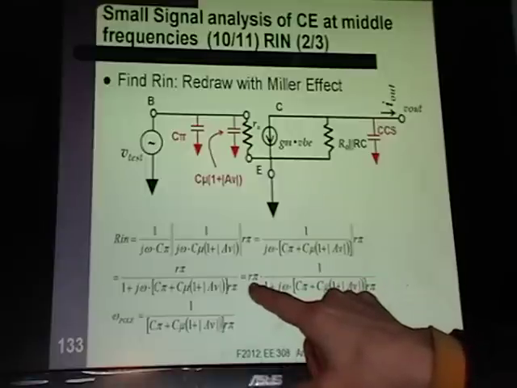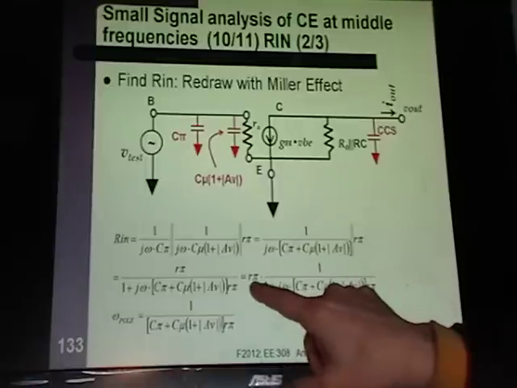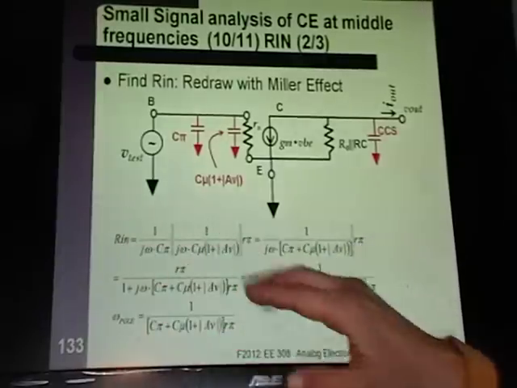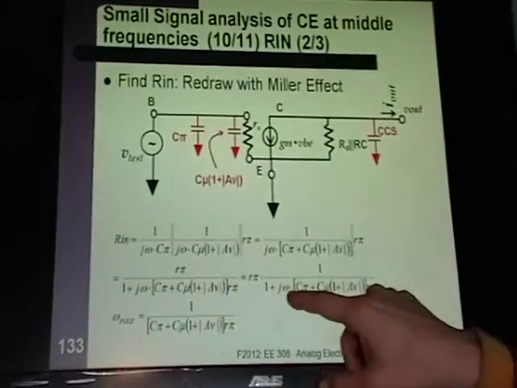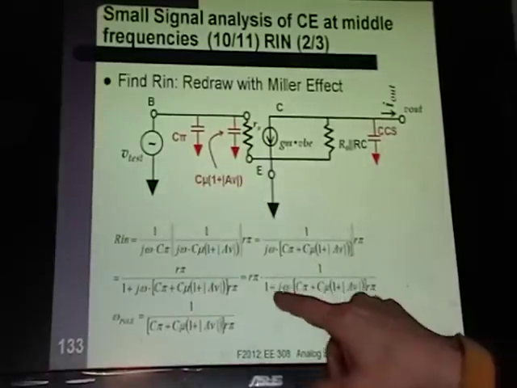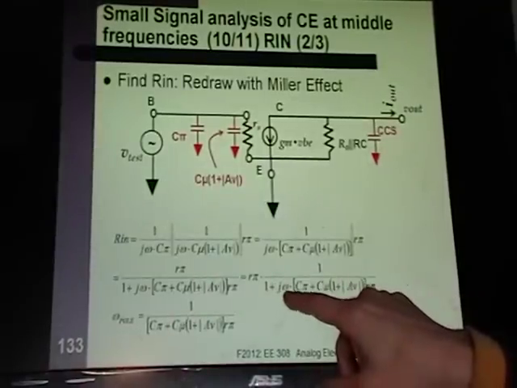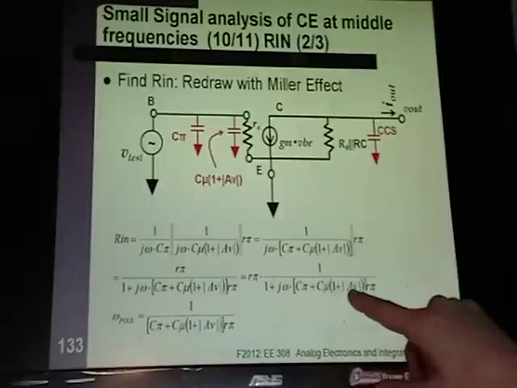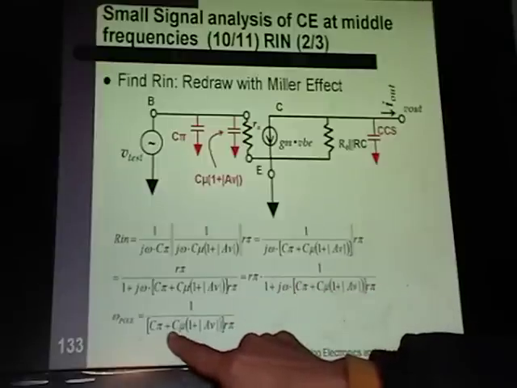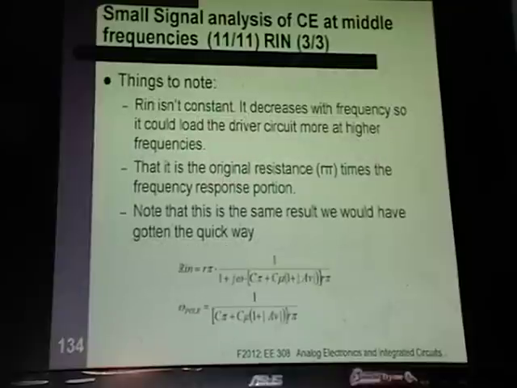And when you come out over here, you find your new impedance. Here's your old impedance, and here is the frequency response term. Just like with the other terms, if you zero your frequency, you get your original Rin back. So your pole right here is when omega equals 1 over all of this, and you'll see that that is the same thing we found doing the fast method.